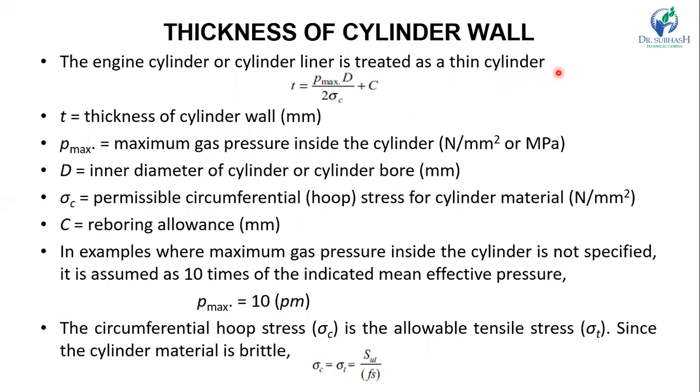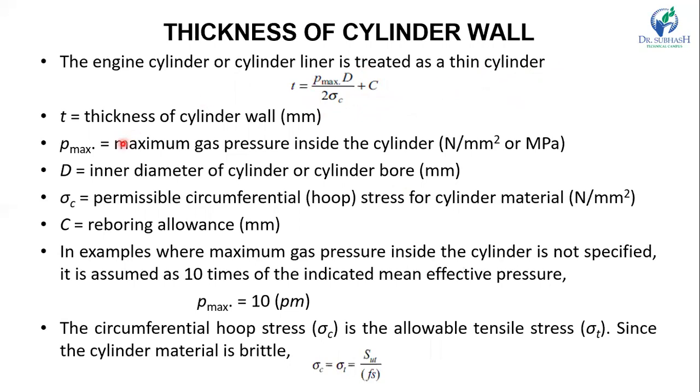So the equation is t equal to P maximum into D upon 2 sigma C, plus capital C, because PD by 2 sigma C is the equation for a thin cylinder, as you have studied in the subjects design of machine elements and design of pressure vessel.